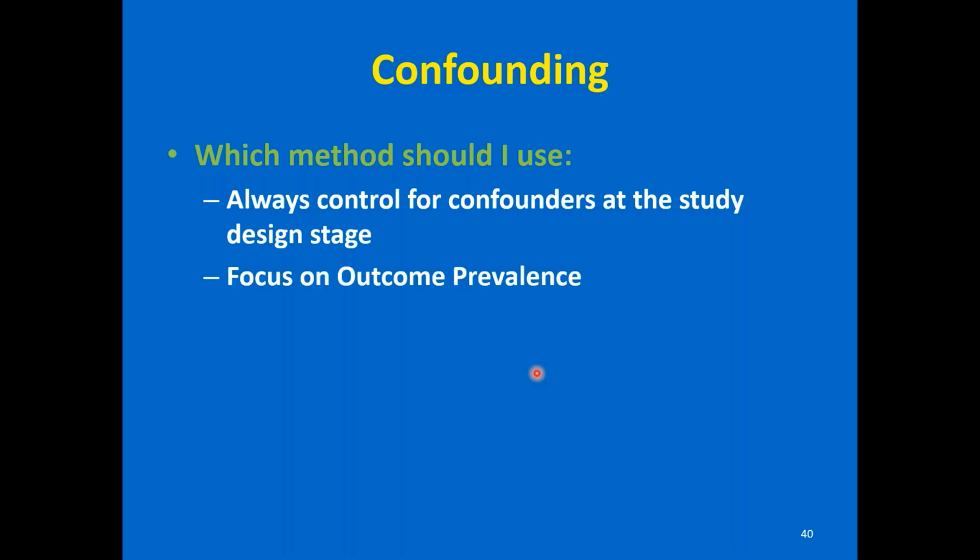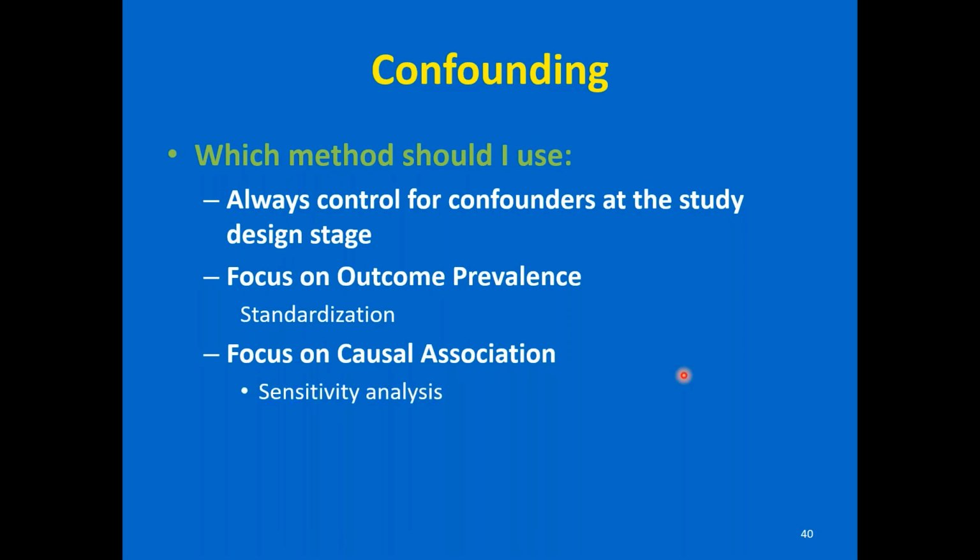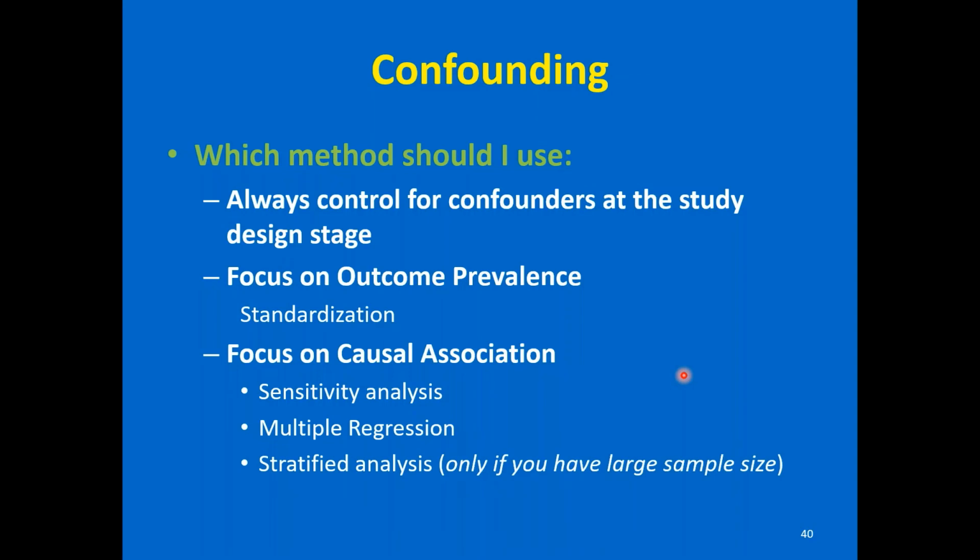If we're focusing on outcome prevalence, I would use standardization. If I'm focusing on causal association, in the overwhelming majority of the studies that you and I conduct, we either do sensitivity analysis or multiple regression, which I'll cover in detail in another talk. We could also do stratified analysis only if you have a large enough sample size.